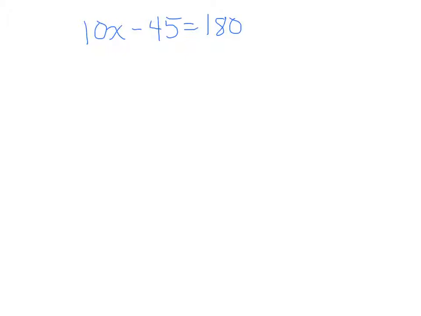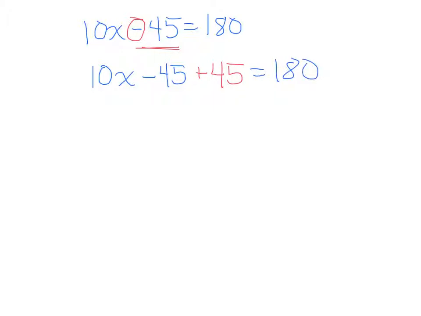Now I want to eliminate this 45 here. I will do it by doing the opposite. The opposite of subtraction is addition. Whatever you do to one side, you must also do to the other side.